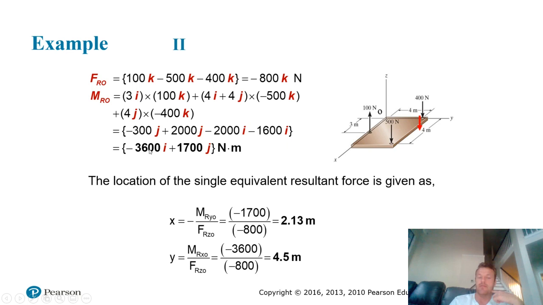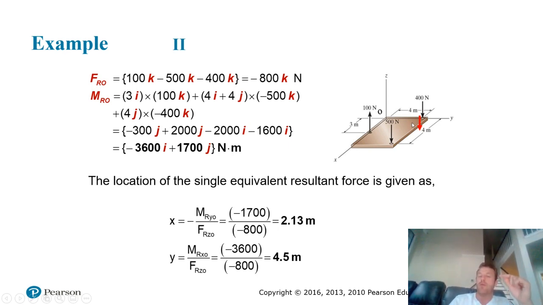Doing the math, you take that 3,600 in the negative, divide by negative 800, and you get 4.5. What that's saying is, if the resultant force has to be 800 newtons down, you have to move away from the x-axis by 4.5 meters in order to induce that 3,600 newton meters of rotation.